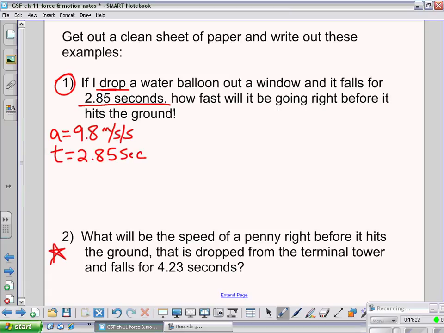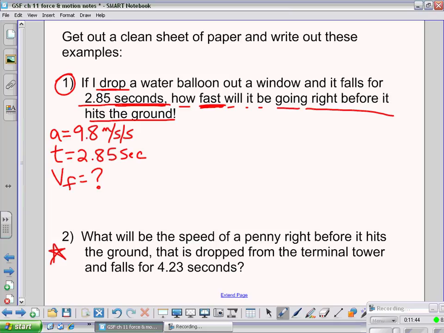I'm hoping you're saying these out loud at home. Again, that's how long it's falling. Units for time, seconds. And then it says, how fast will it be going right before it hits the ground? So we're looking for a velocity, and right before it hits the ground, that's going to be your final velocity.